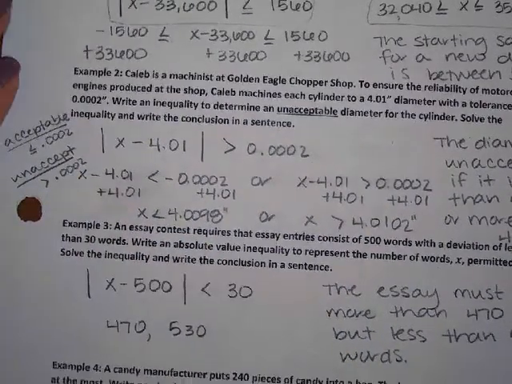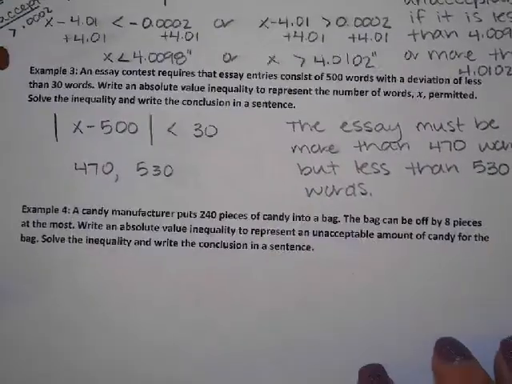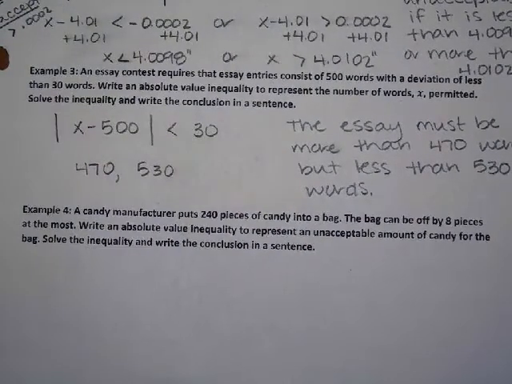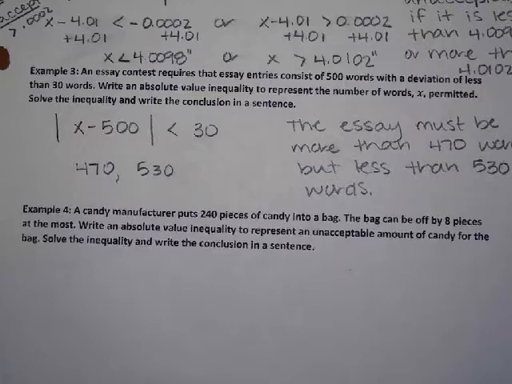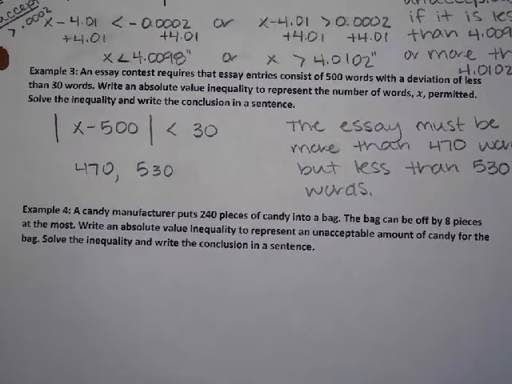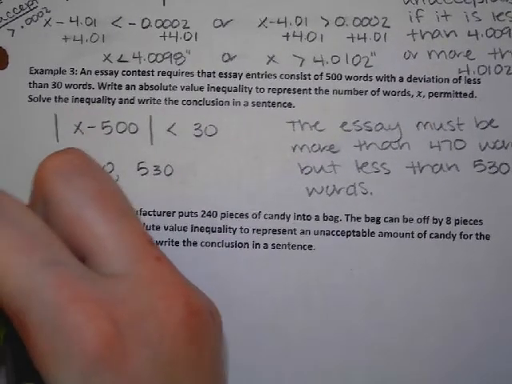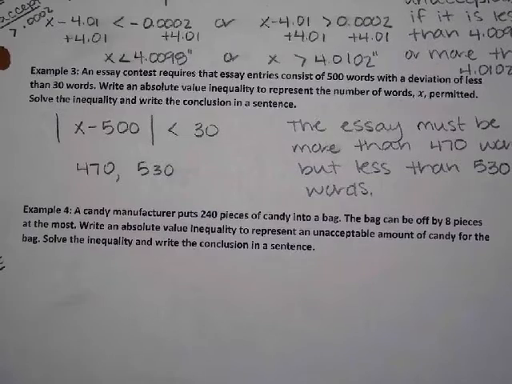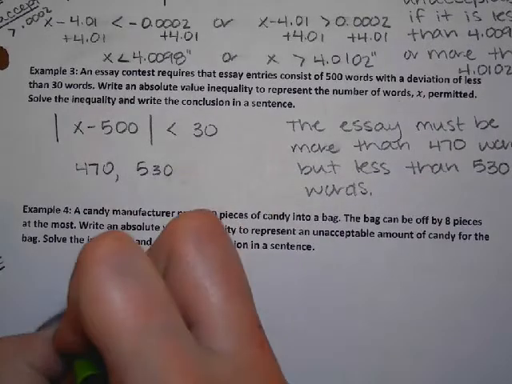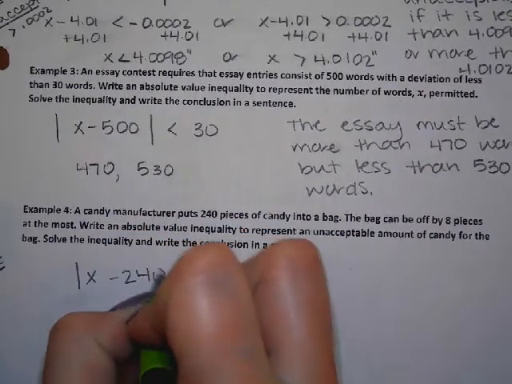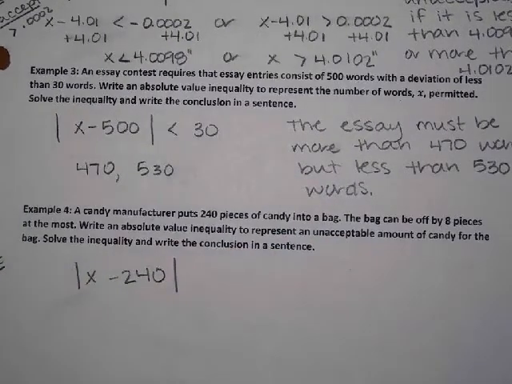All right, if we look at example 4, it says a candy manufacturer puts 240 pieces of candy into a bag. The bag can be off by 8 pieces at the most. So what is acceptable? 240 is the goal, and 8 pieces is acceptable.